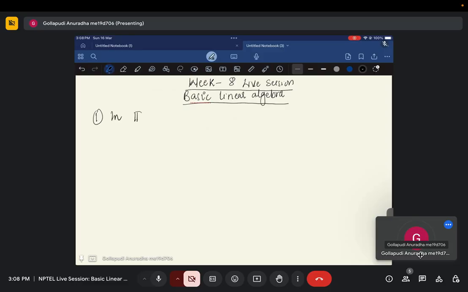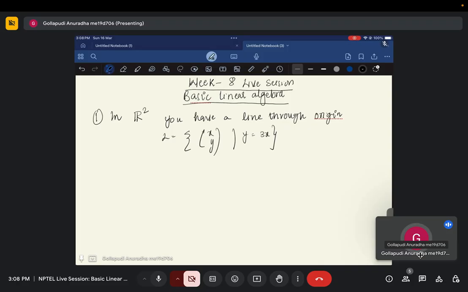In R2, you have a line through the origin, say for example, such that y is equal to 3x. Then let me know if this is a vector space or not.